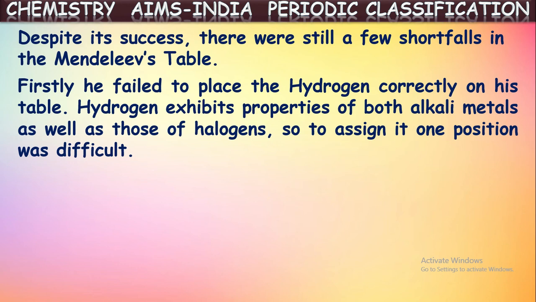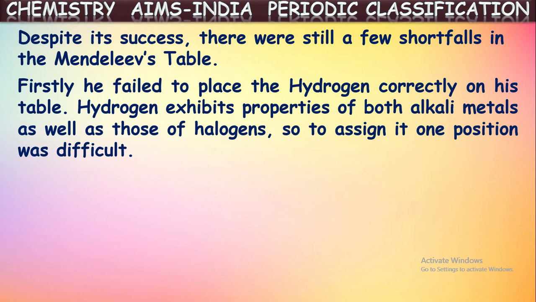Alkali metals means highly reactive metals like lithium, sodium, potassium, rubidium, cesium, and francium. Hydrogen shows some properties similar to these elements, so he might have thought to keep it along with these elements in the first column. At the same time, some properties of hydrogen are similar to those of the seventh column, that means halogens, namely fluorine, chlorine, bromine, iodine.